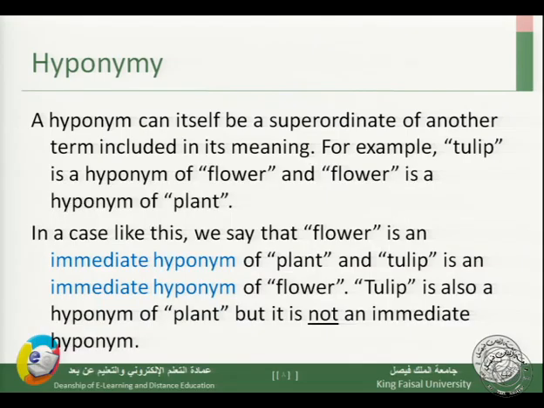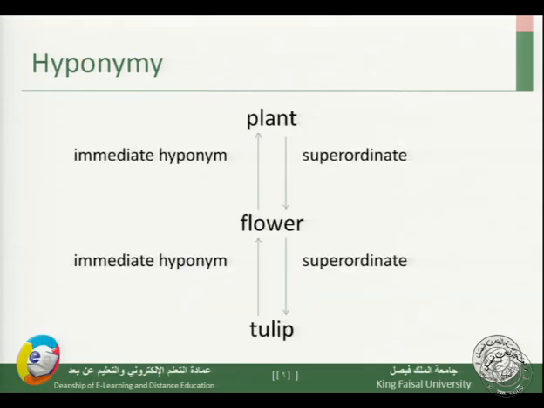Tulip is also a hyponym of plant, but it is not immediate. So if there is another level between them, we don't call them immediate hyponyms. To make this clearer, look at this diagram. So we have the term plant, we have flower, and we have tulip. So plant is a superordinate, and under it comes flower. We say that flower is an immediate hyponym.